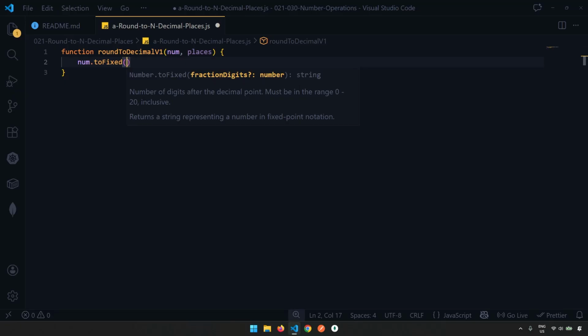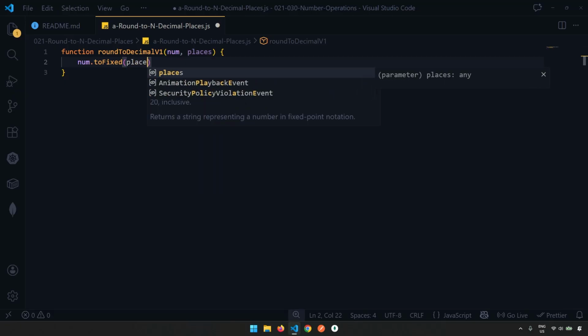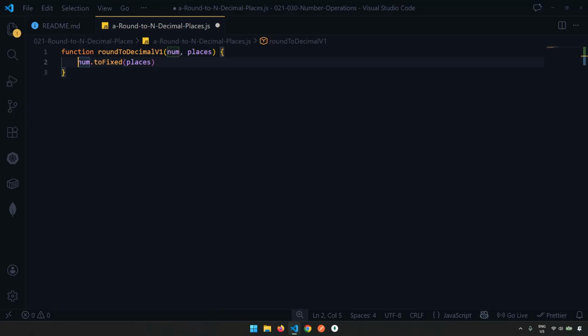So later on, we need to convert it to a number just to make sure that this function returns a number. And places is going to be an argument that we pass to toFixed. So if a number has 5 decimal places, like the first input, and places is 2, it's going to get rid of the last 3 decimal places. It's just going to keep the first 2 decimal places.